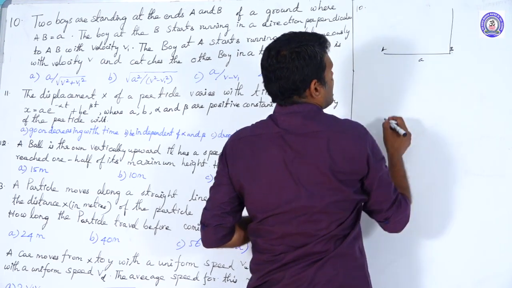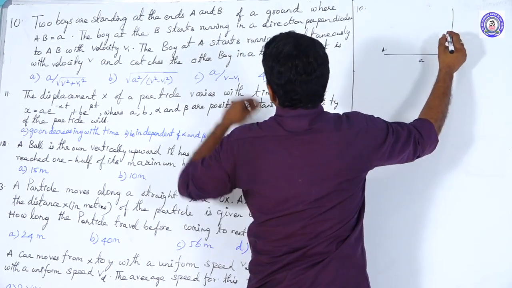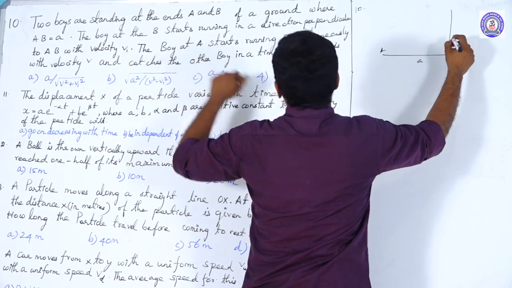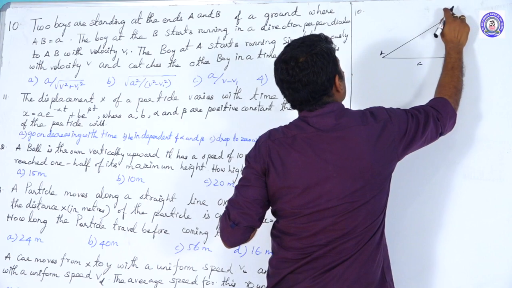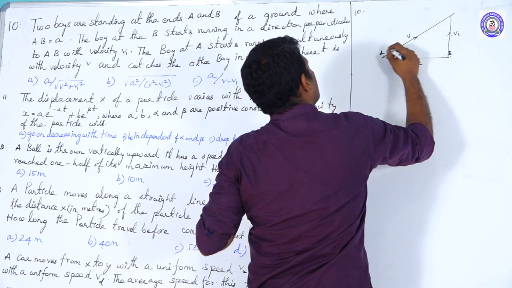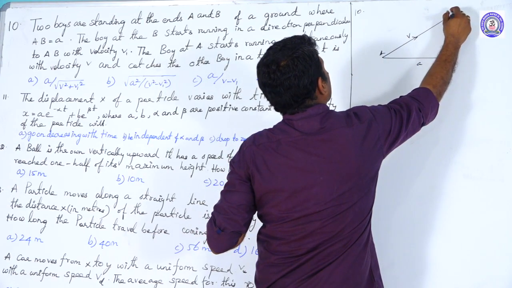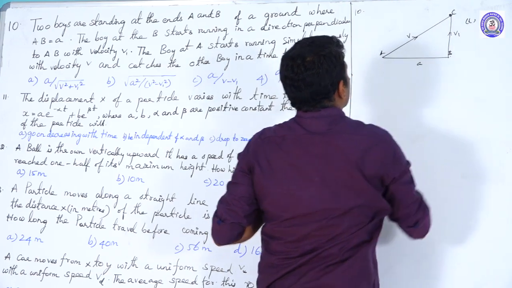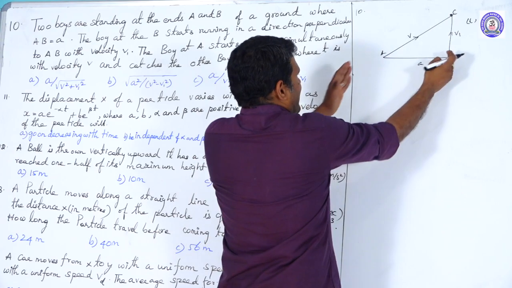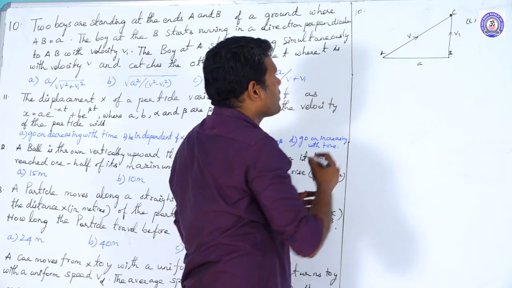The boy at point B is moving with a velocity, let us say v1, perpendicular to AB. The other fellow is moving with a velocity v. He is meeting at this particular point, let us say C. What is the time taken here? A and B are separated by distance a.